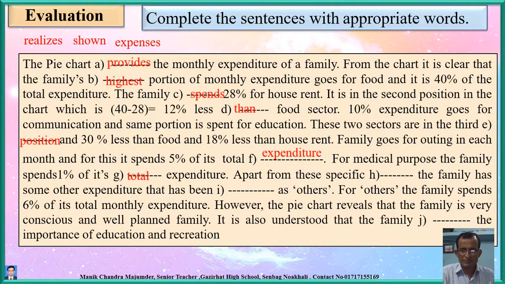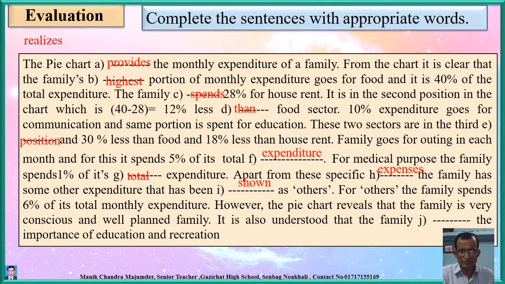Apart from these specific expenses, the family has some other expenditure that has been shown as others. For others, the family spends 6% of its total monthly expenditure.